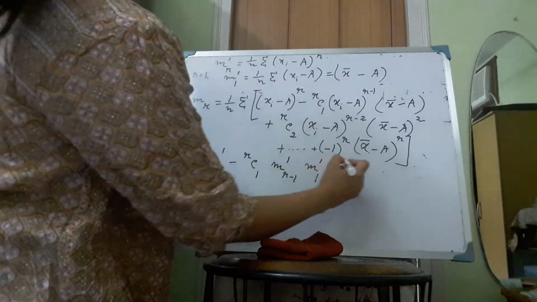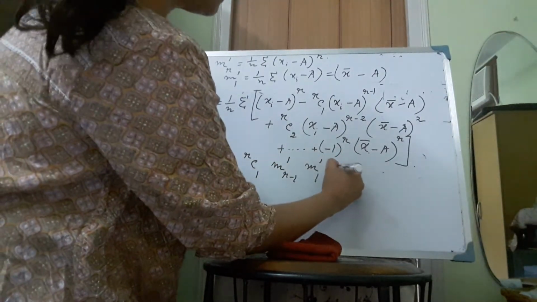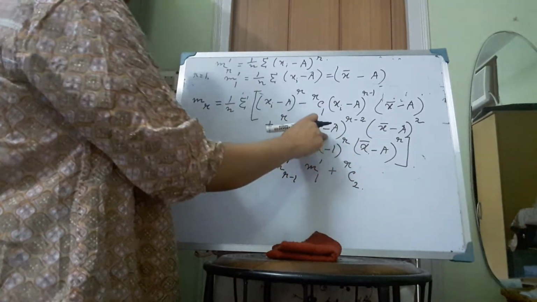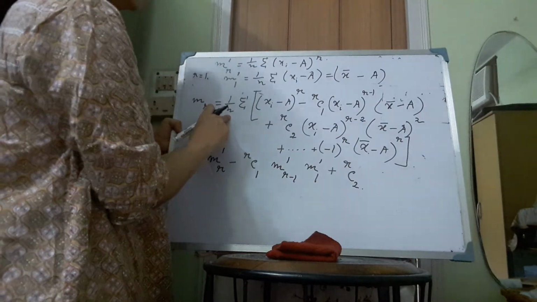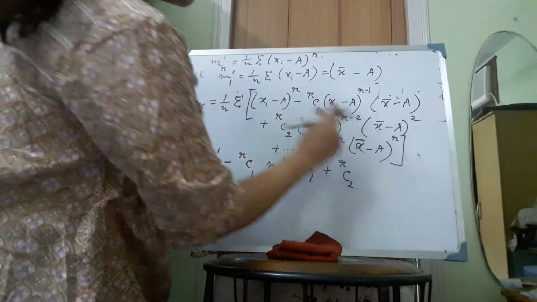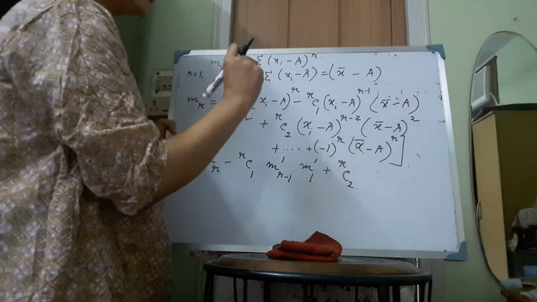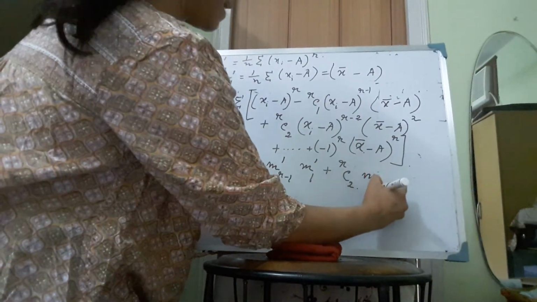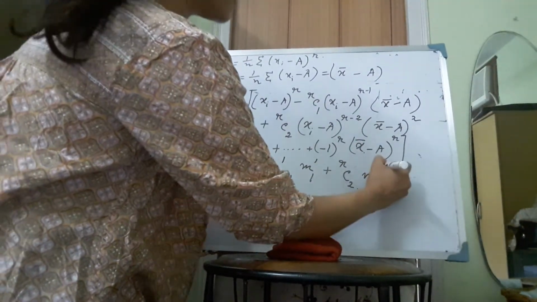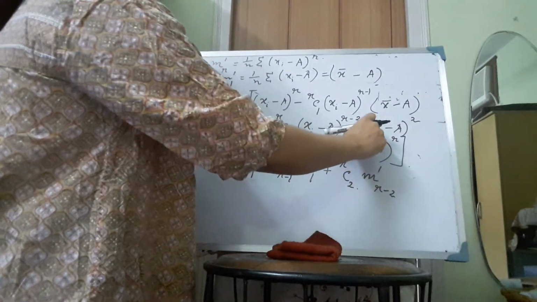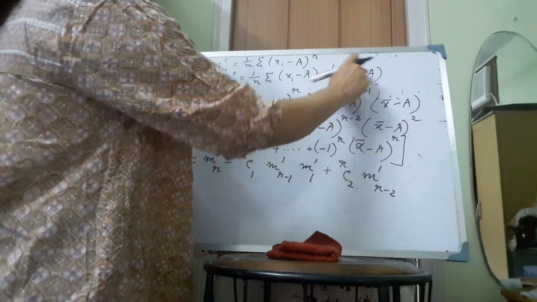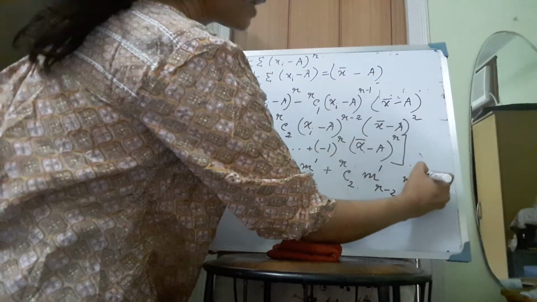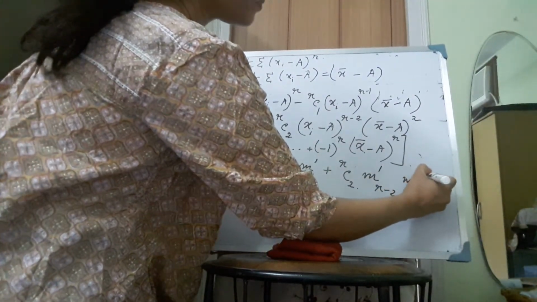So this is the second term, and then the third term that we will get is rc2. Then this term with the summation and 1 by n represents the r minus 2th order non-central moment, so we can write m r minus 2 dash, and in place of x bar minus a whole square, we can write m1 dash square.